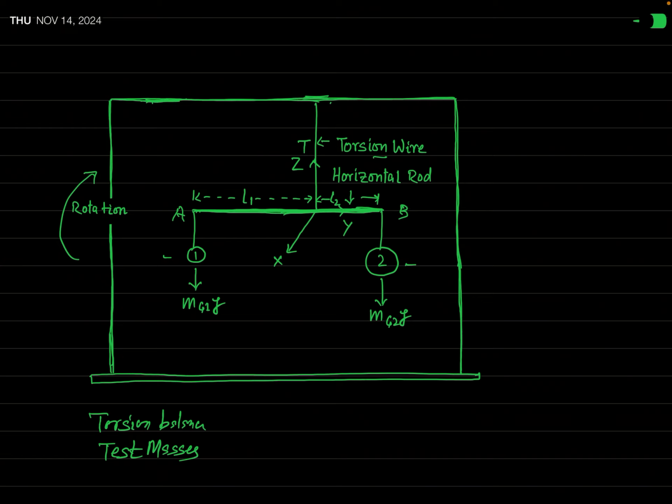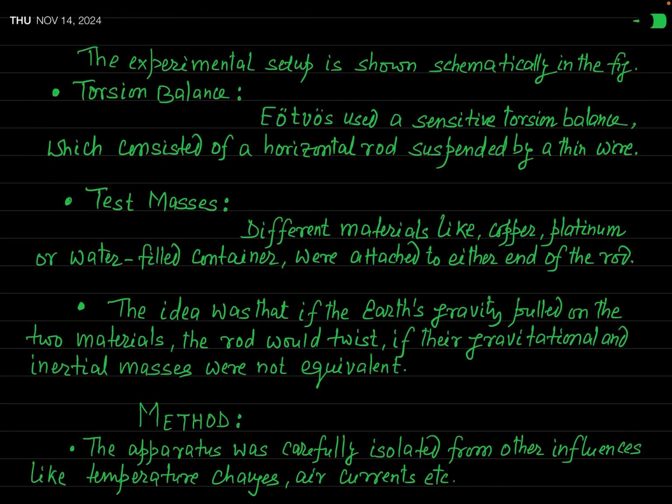This was the aim of this experiment, to see whether the rod gets twisted or not. Okay. For your convenience, I have mentioned all these facts here. You can see the experimental setup shown schematically in this figure, and the first important part of the apparatus is the torsion balance, another is the test masses. Okay, and what was the idea behind this, I have mentioned here. Okay, now we will see how this experiment was actually performed.